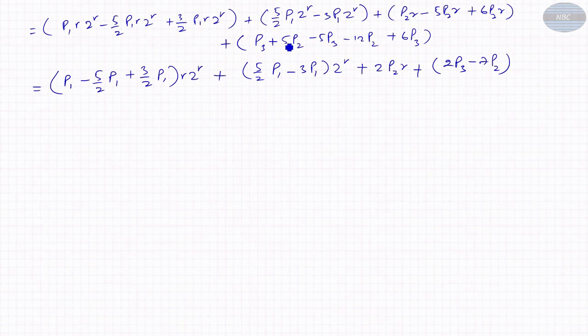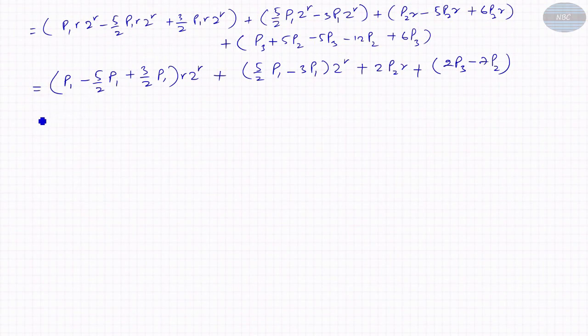Here we have p3 minus 5 p3 plus 6 p3 is equal to 2 p3. Then we have 5 p2 plus 5 p2 minus 12 p2 is equal to minus 7 p2. So it is simplified as 2 p3 minus 7 p2, last term.